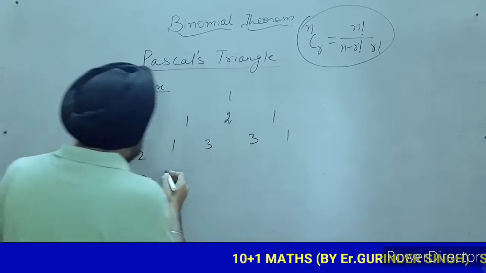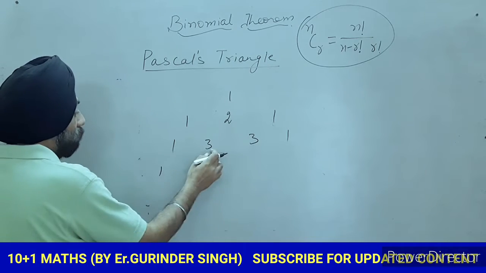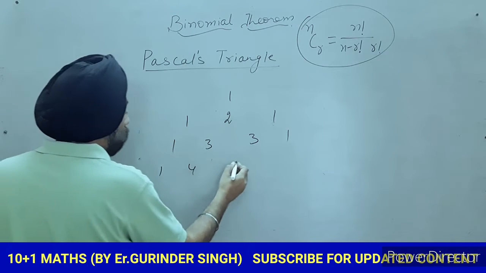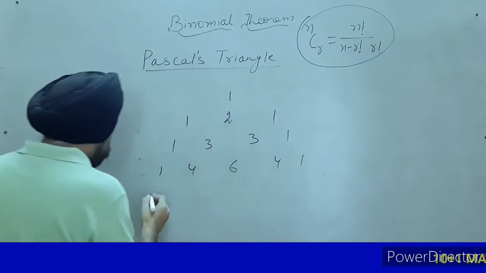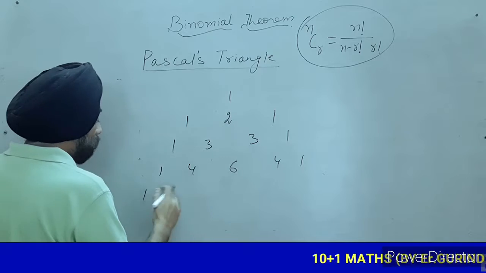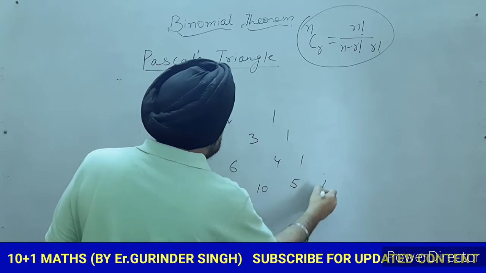You will get 1 3 plus 1 4 6 4, and again 1. Next time again 1, that is 5 10 10 5 1.